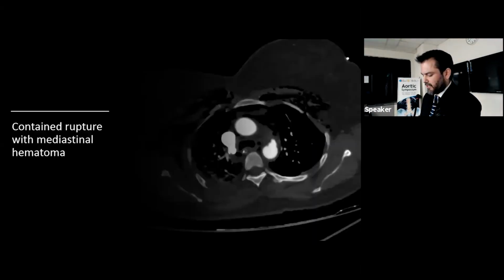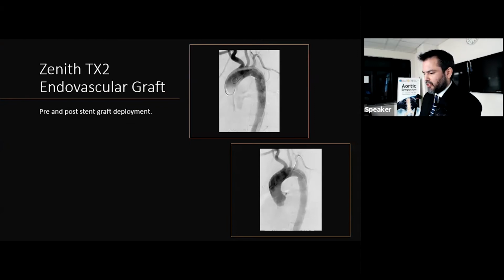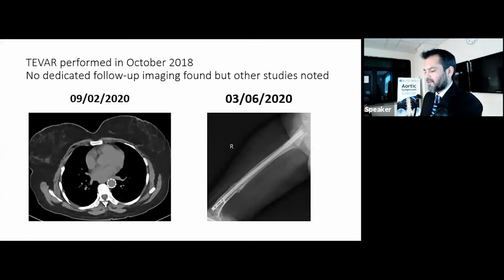And in this patient, you can see the tear in the aorta, and look at the amount of surgical emphysema. The patient's got chest drains in. She's not in a good condition, but she successfully had an endograft done. And this was the slightly older Zenith TX2, which has now been replaced by the Zenith Alpha.